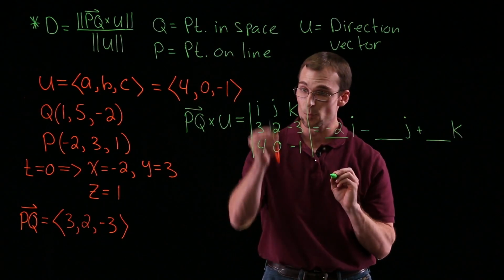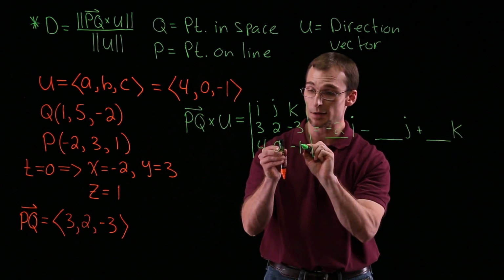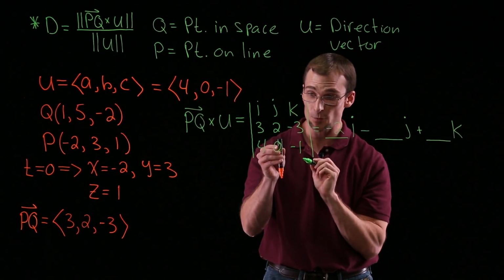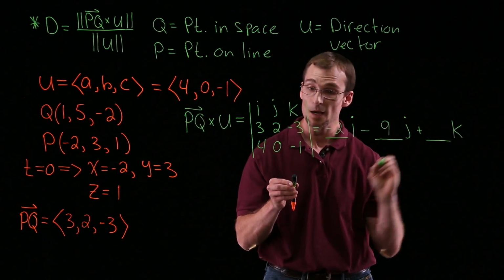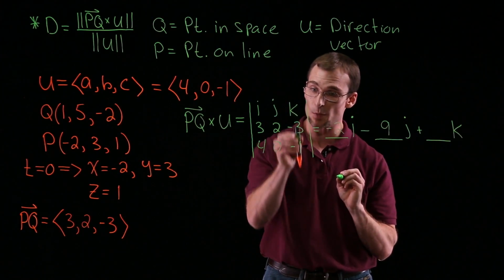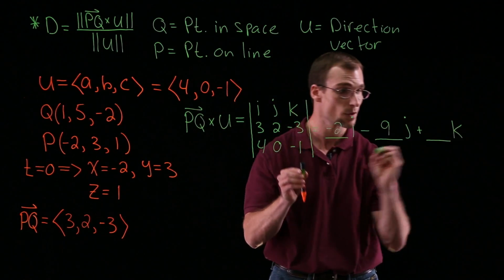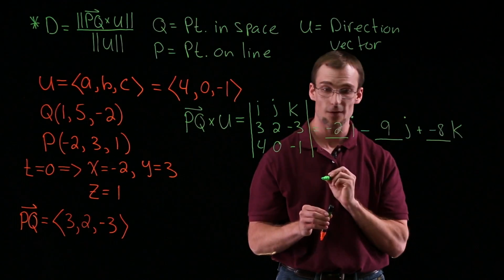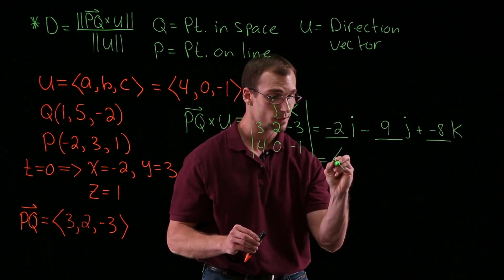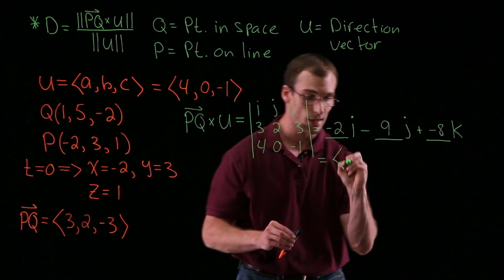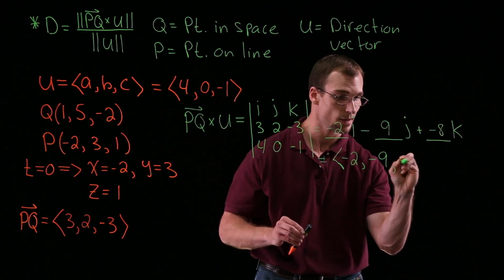For j, we have 3 times -1 minus 4 times -3, which gives us 9. For k, we have 3 times 0 minus 4 times 2, or -8. So in component form, the cross product is (-2, -9, -8).